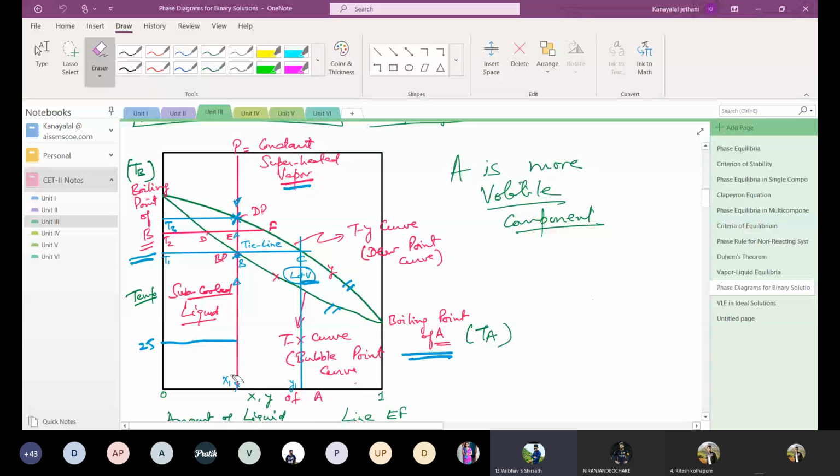Why y1 is basically an observation. We are trying to correlate what is observed. If I take a liquid mixture of methanol and water, which will boil first? Methanol. Right. So in the vapor, will there be more methanol or more water? Methanol. That is why the vapor composition has more methanol and less water, because the boiling point of water is more than that of methanol. What is the boiling point of methanol?